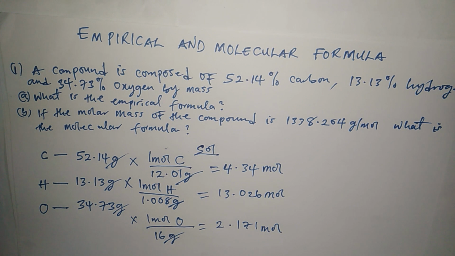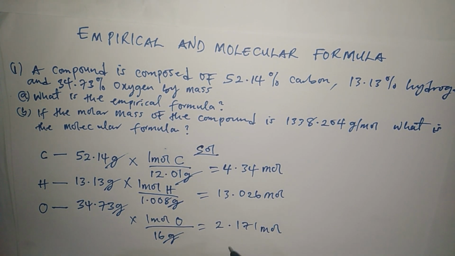Next, what we do is this. You look at the 3 answers: hydrogen, oxygen, and carbon. Oxygen has the least, so you take the one with the least and divide it through. What this basically means is that you're going to divide all of them by 2.171.